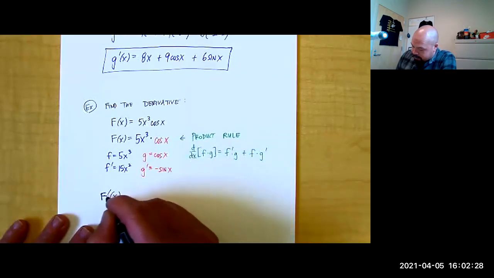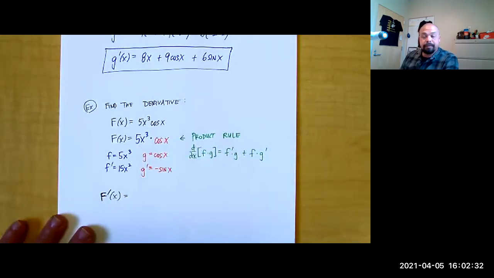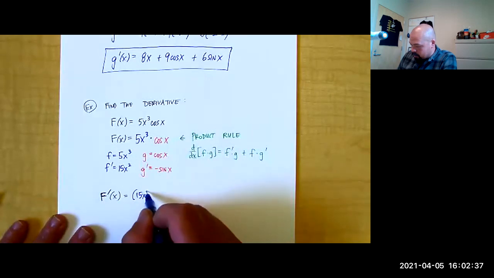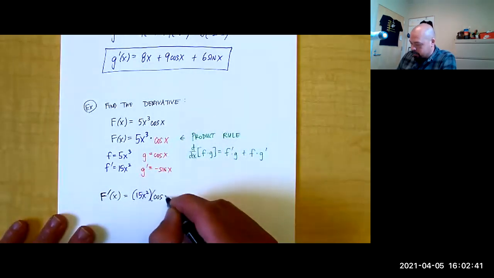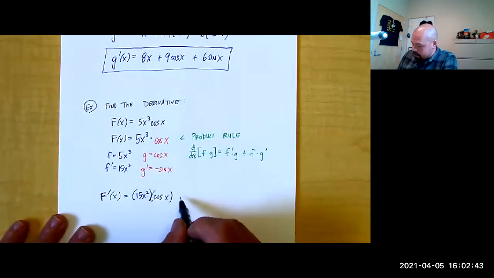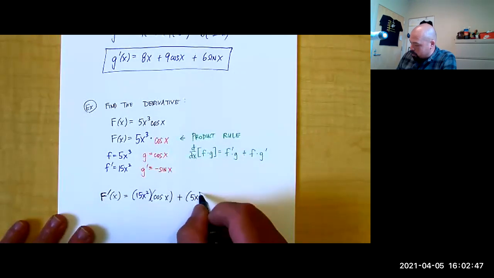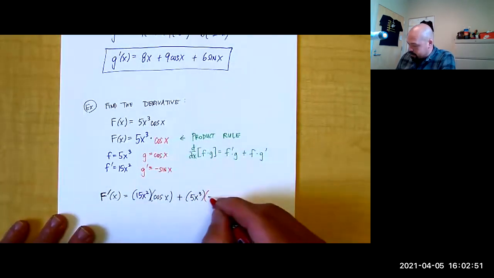So that way, when I go into creating my derivative, my capital F prime, my derivative of that function overall, that product, we're going to get f prime times g, I'll leave it in black ink, plus f, which was 5x cubed in black ink, times g prime, negative sine of x.